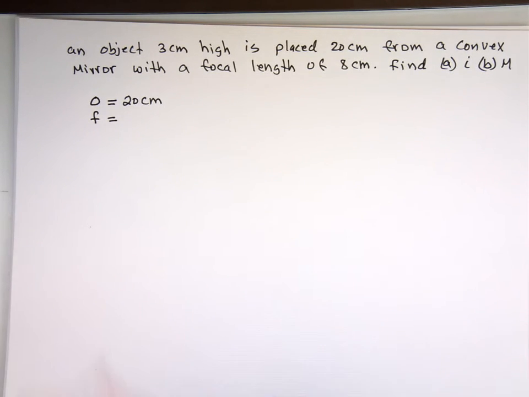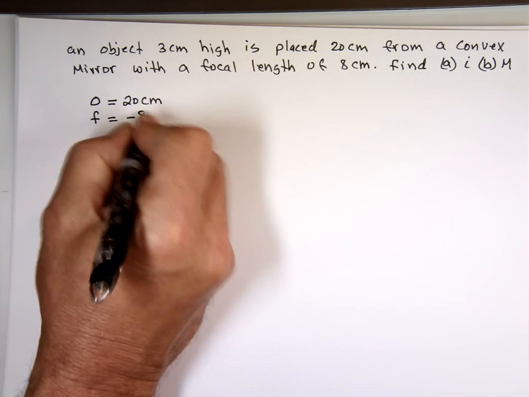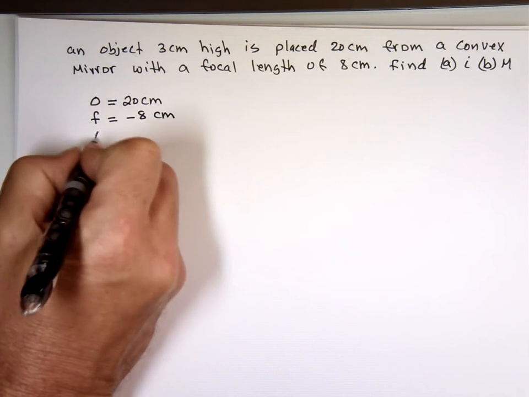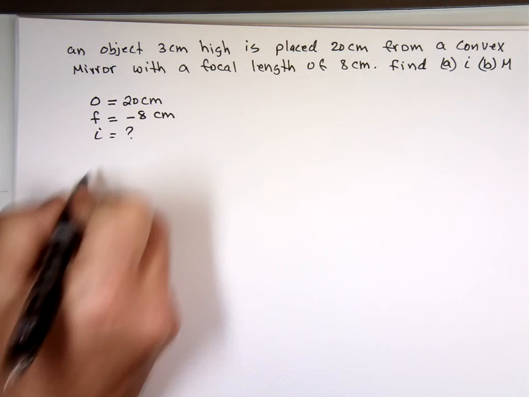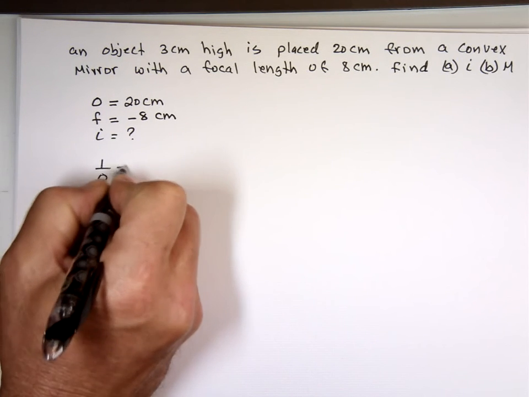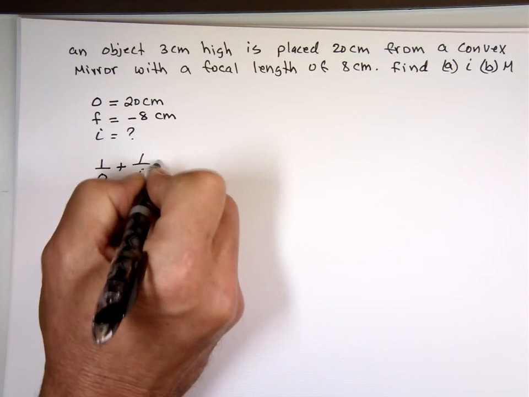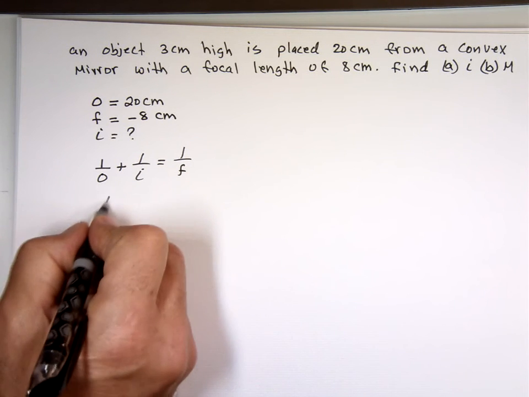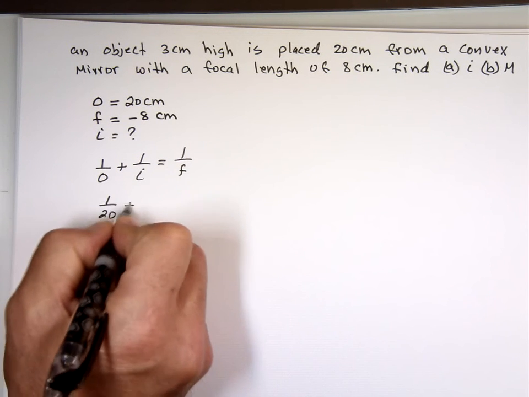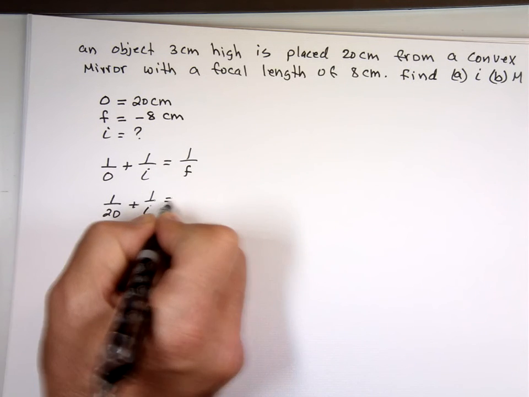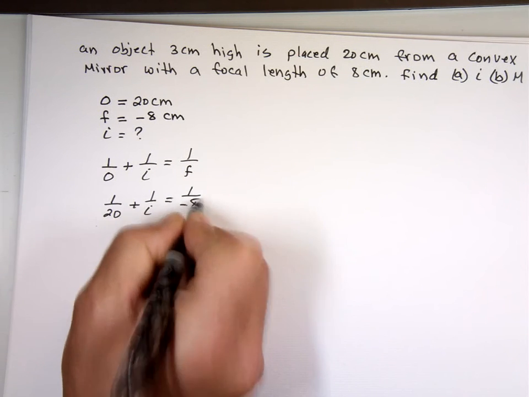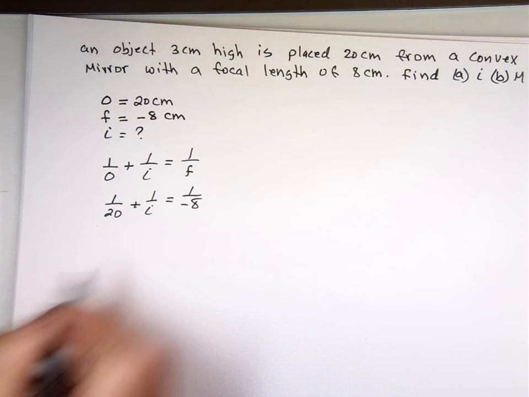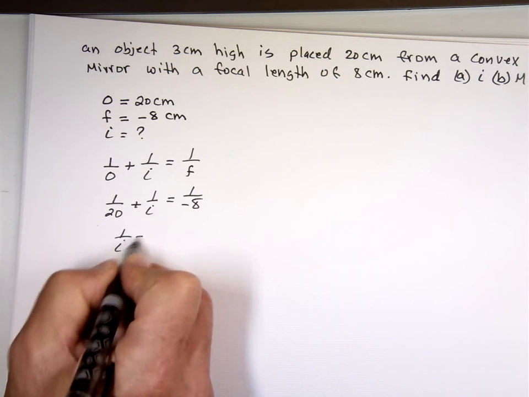We're looking for the image. 1 over I equals 1 over negative 8 minus 1 over 20.